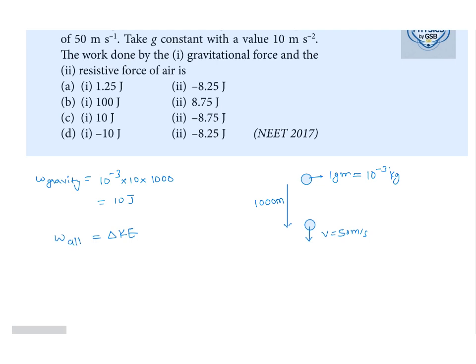Work done by all the forces on what? In the present case, it should be the raindrop. Work done by all the forces on the raindrop should be equal to change in kinetic energy of the raindrop.